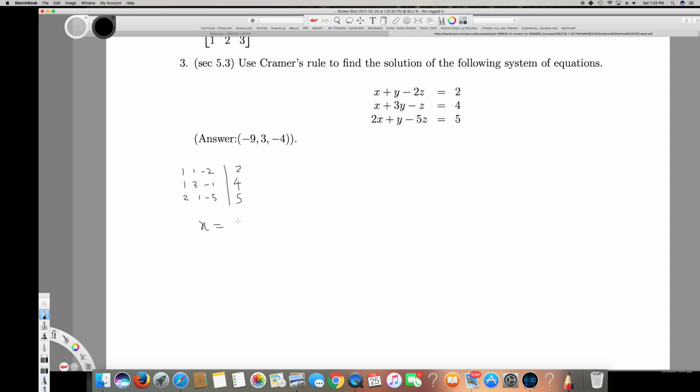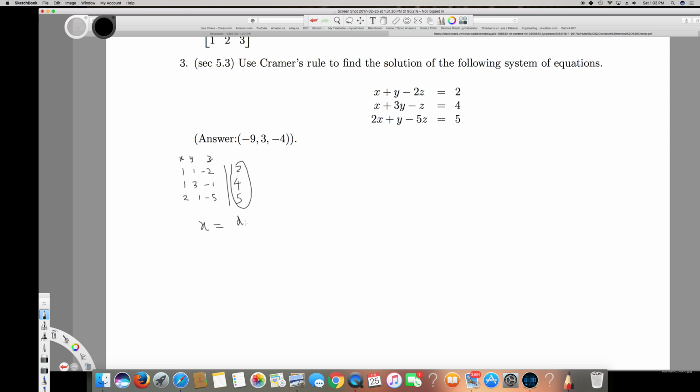If I want to find the x, I have to switch these three numbers with the x components. This is going to be x, this is going to be y, this is going to be z, right? So I'm going to switch this value with x when I find the x.